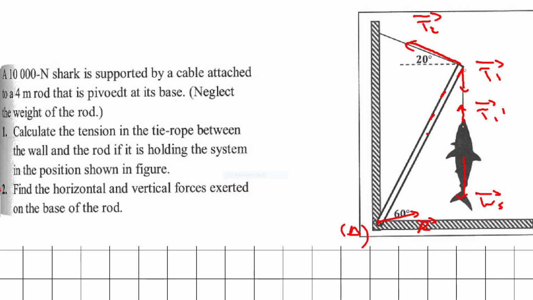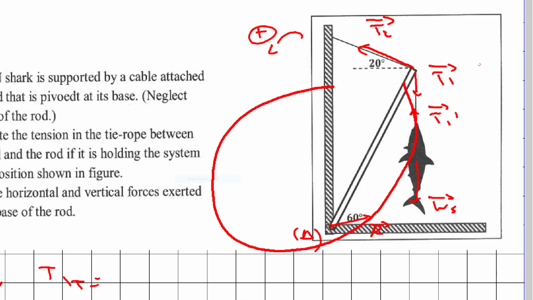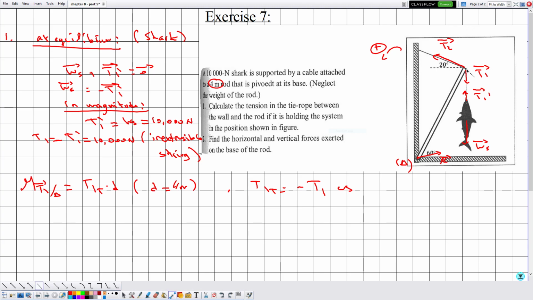In this case, this is the length of the rod, which is 4 meters. T1 tangential is equal to, if this is the positive direction, T1 will try to rotate the system in the negative direction, times the cosine of the angle between the tangential direction and the radial direction. This is the radial direction. This is the tangential direction.